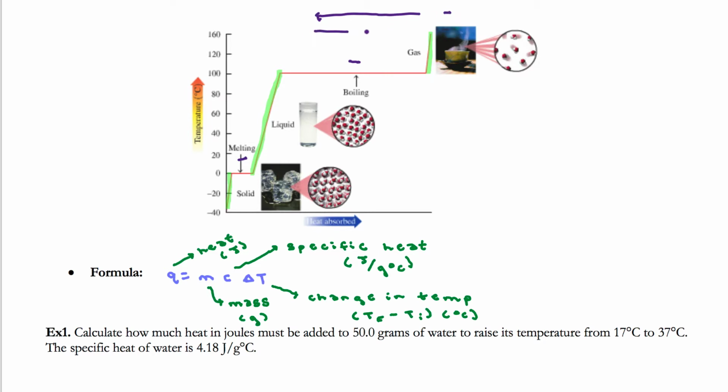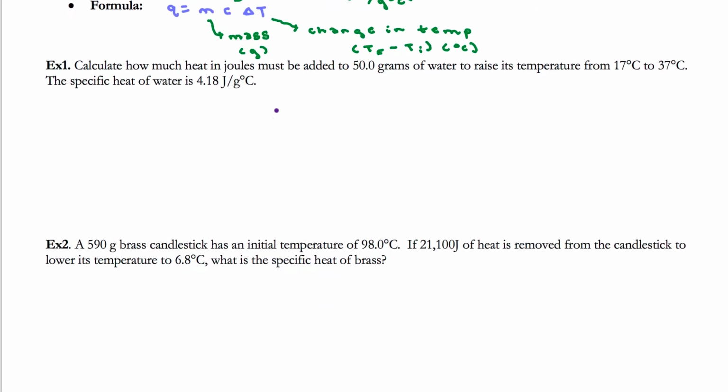When I was going forwards, it was always positive. Same thing here. If I'm going from here to here, I'm decreasing in temperature. So the heat value that I calculate should be negative. If I'm moving from here to here, my temperature is increasing, so my heat value should be positive. So let's look at that play out in these examples.